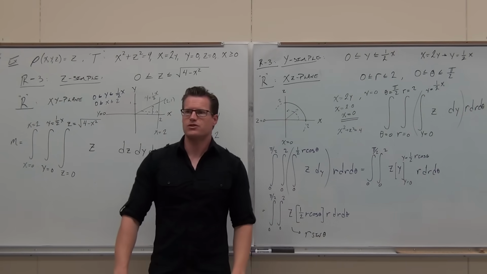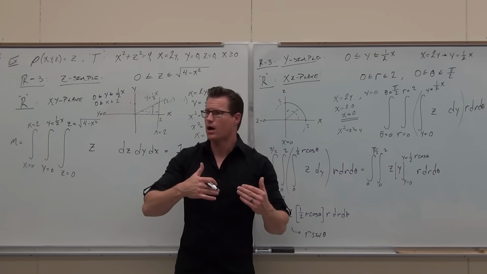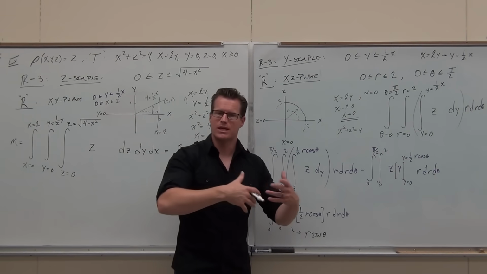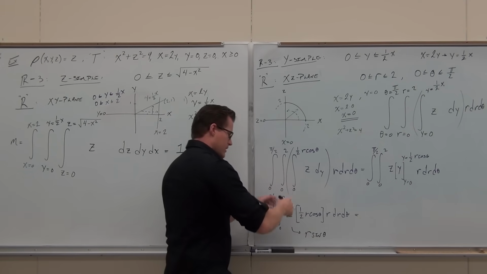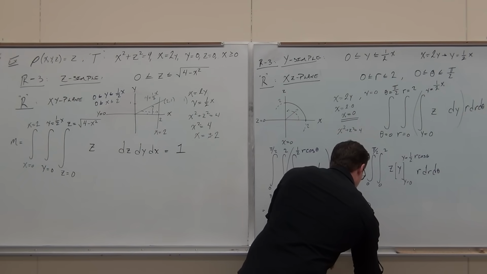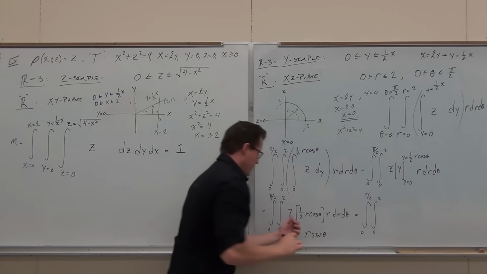Wait a minute, r sine theta is y, well, it is if we're on the xy plane. We're not. We're on the xz plane. That's why we get r sine theta out of that. So when we make that little transition, that z becomes this thing.